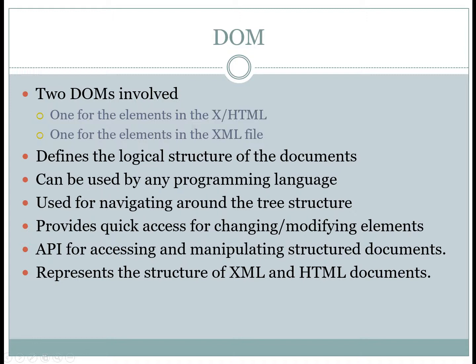It can be used by any programming language and is used for navigating around the tree structure. It provides quick access for changing and modifying elements. The DOM is an API for accessing and manipulating structured documents. It represents the structure of XML and HTML documents.